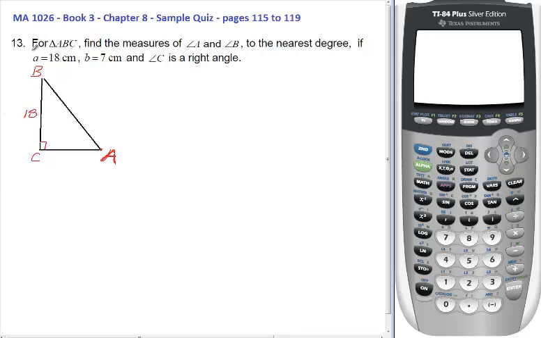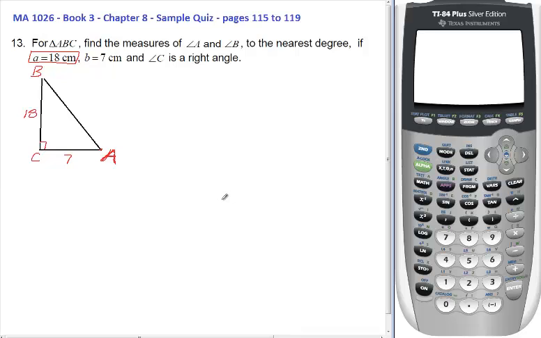And b is 7 centimeters, so where does that go? If this is angle B, then opposite that must be lowercase b. So that's how you label the triangle. This must be 7 here.